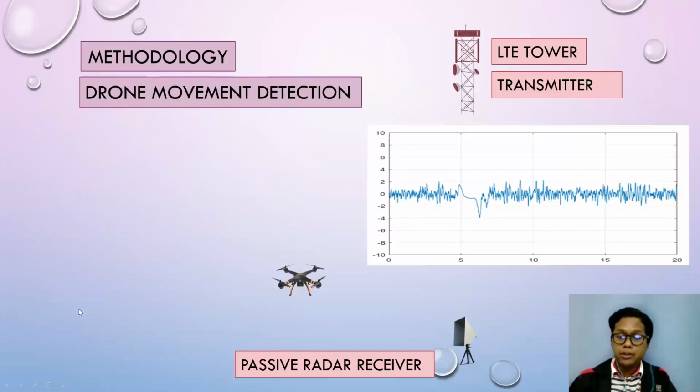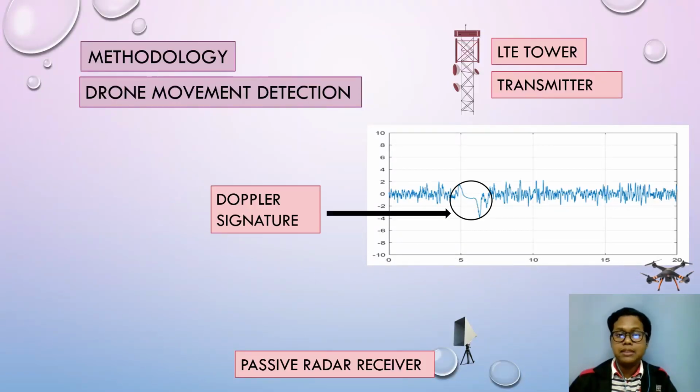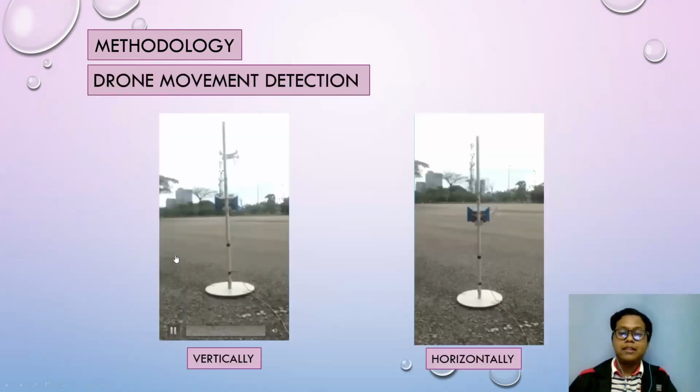For the second methodology, I will explain about the drone movement detection. When the drone is crossing the baseline between the transmitter and passive radar receiver, a Doppler signature appears in MATLAB software for the movement of the drone.